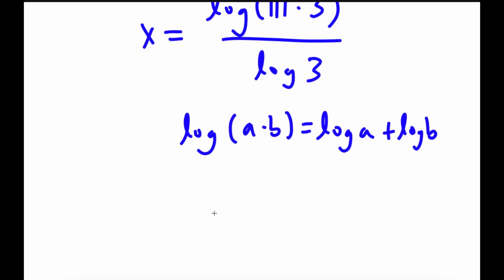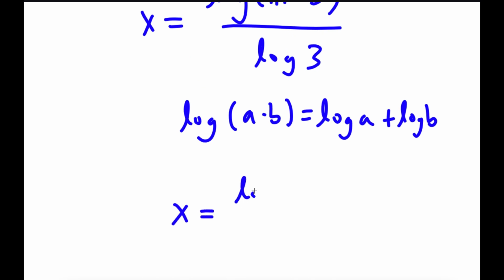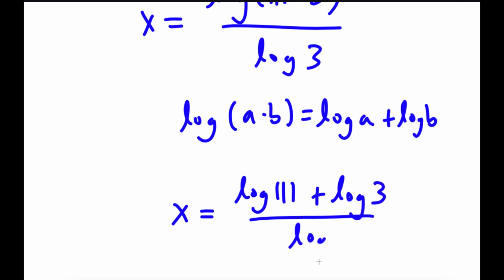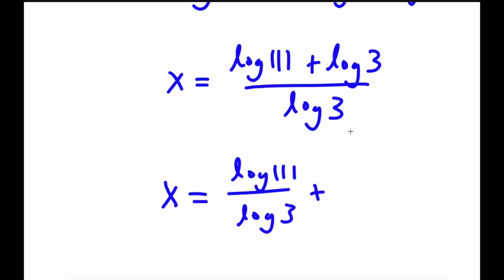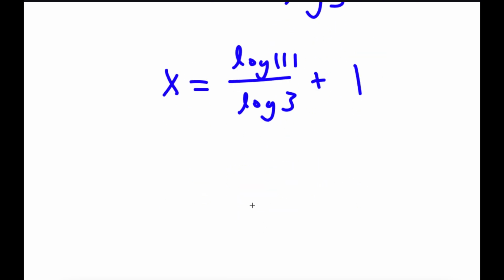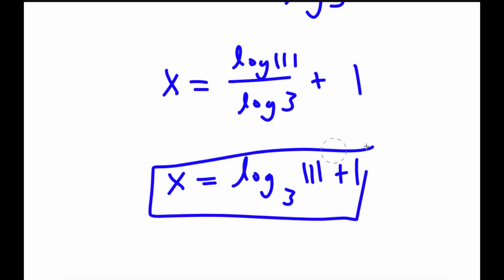So log of 111 times 3 is going to equal log 111 plus log 3, over log 3, which is the same thing as log 111 over log 3 plus log 3 over log 3, which is 1. And log 111 over log 3, that's the same thing as log base 3 of 111, so this plus 1, so this is my answer.